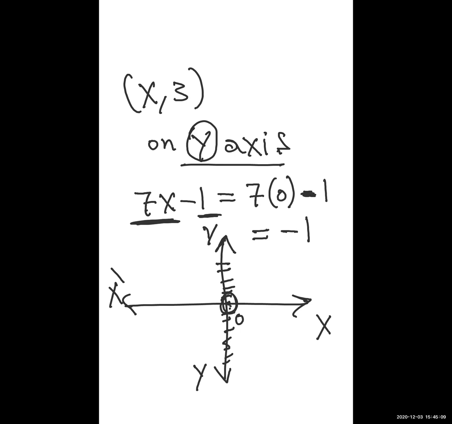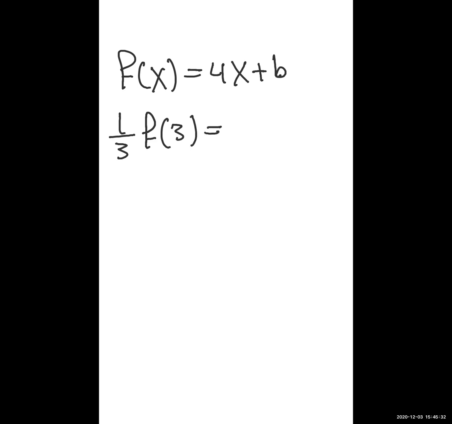The next question, number 4. If f of x equals 4x plus b, and 1/3 f of 3 equals 5, find b.